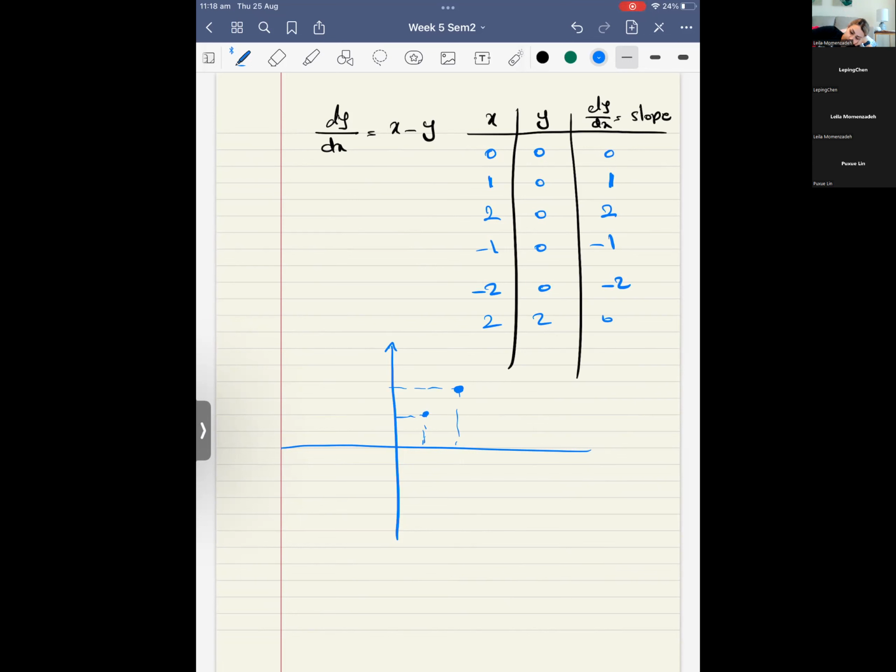Let's see how it looks. One point is 1 and the other point is 2 and 2. I want to find the slope of this graph. It is y2 minus y1 over x2 minus x1.